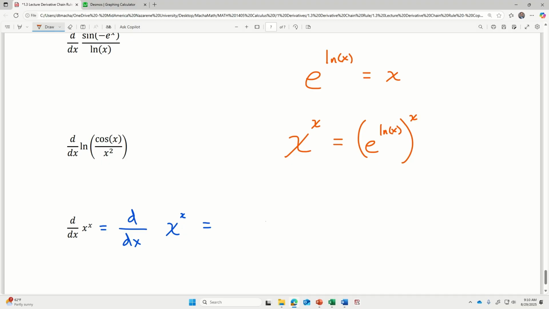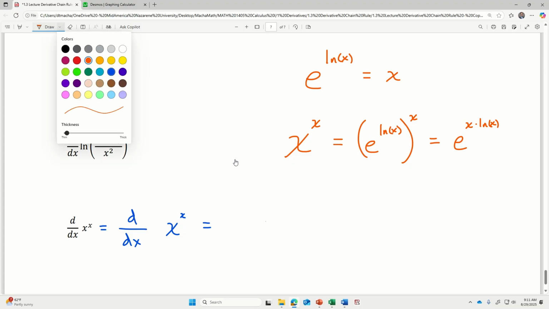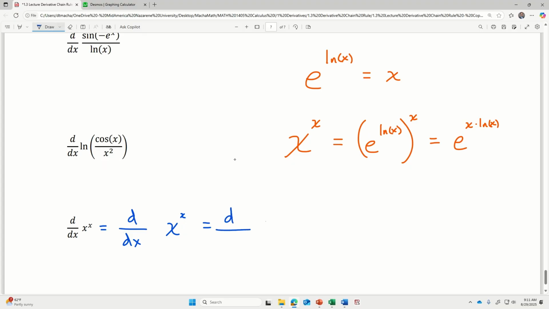There's another property we've talked about already, where I can just multiply these two exponents that I'm taking in series like that. e to the power natural log x, raised to the power x, is the same thing as e to the power x times natural log x. And so when I think about this derivative, what we're really doing is taking the derivative of e raised to the power x times natural log of x.